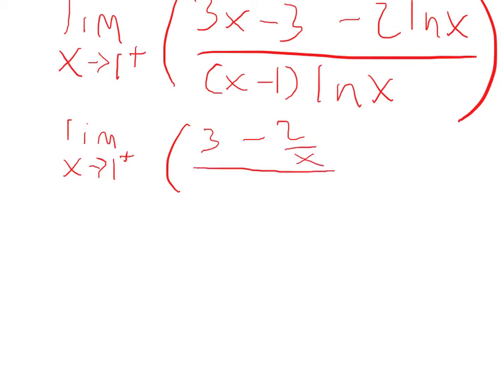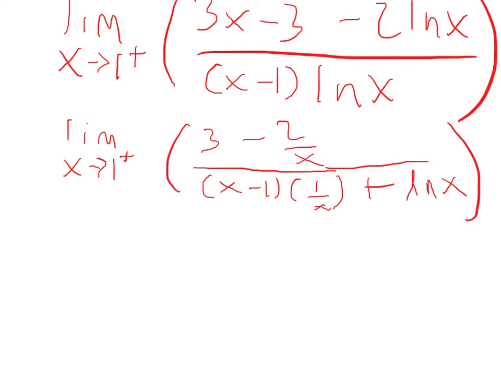And then the derivative of the bottom, you'll have to use the product rule. So we have the first times the derivative of the second, which is 1 over x, plus the second times the derivative of the first, which would just be 1. So we just have natural log of x.